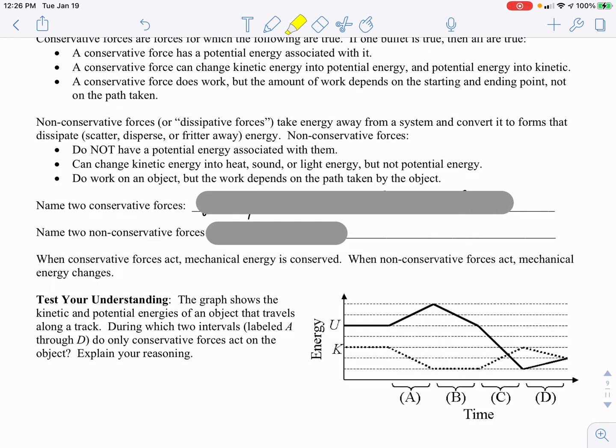Well, non-conservative forces do not have potential energy associated with them. They can change kinetic energy into heat, sound, light, any other form of energy, but not potential energy. And non-conservative forces do work on an object, but that work definitely depends on the path taken.